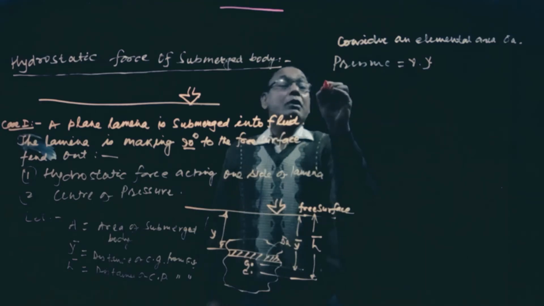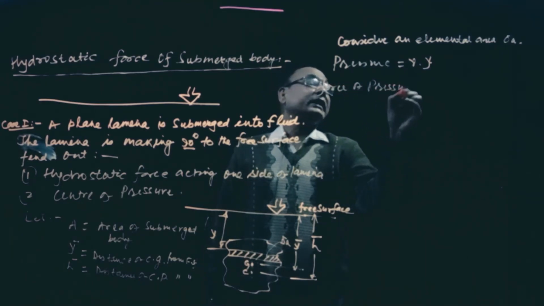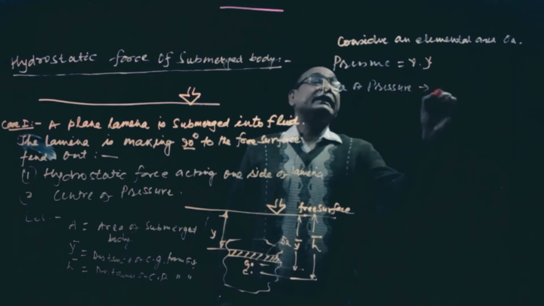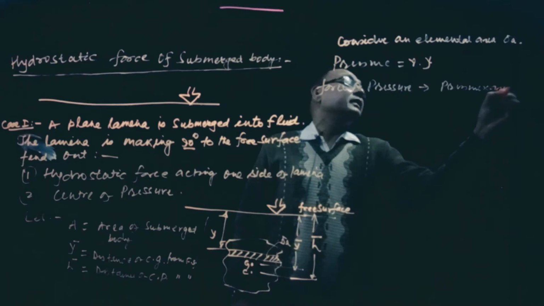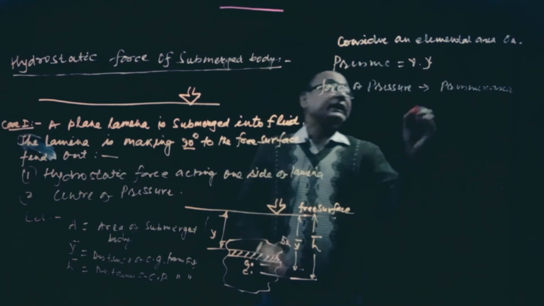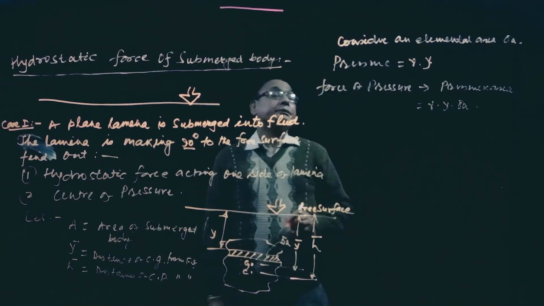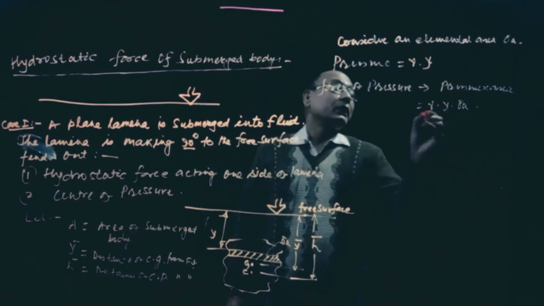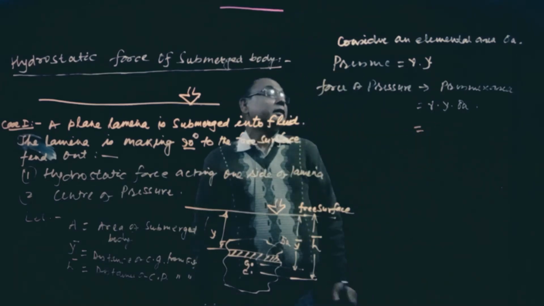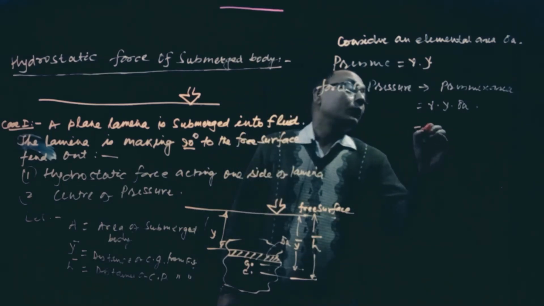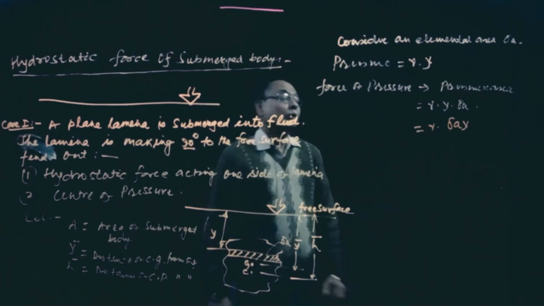Now force of pressure is nothing but hydrostatic force. Okay, that is pressure into area. So that is gamma into Y into delta A. So see here, this is nothing but gamma into delta AY.